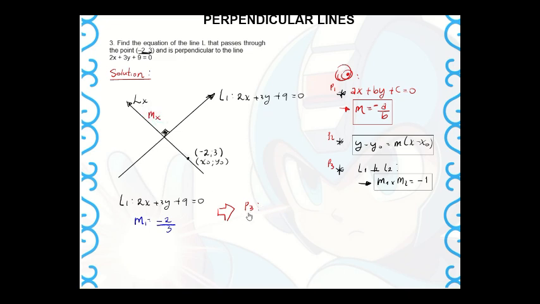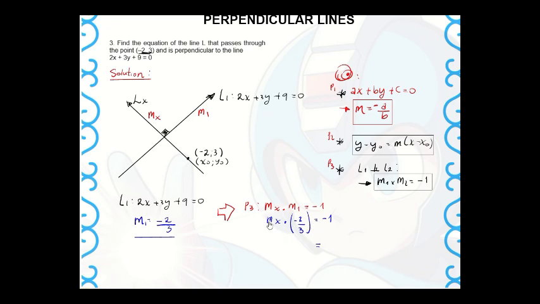So here, and this is m1, mx multiplied by m1 should be negative 1. And let's replace the value of m1 here. So mx multiplied by minus 2 over 3 should be equal to negative 1.